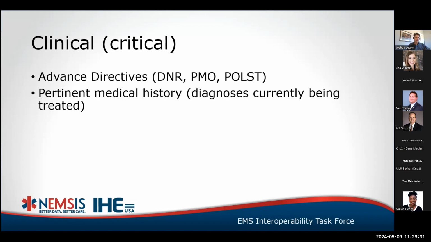I'm going to come to the question of pertinent and recent after we look at this second list as well, because I think that's worth coming back to. But let's move to the second list here. So yeah, on the pertinent medical history, my question back to you would be, if the definition is diagnoses currently being treated, that seems to point to the problem list to me.